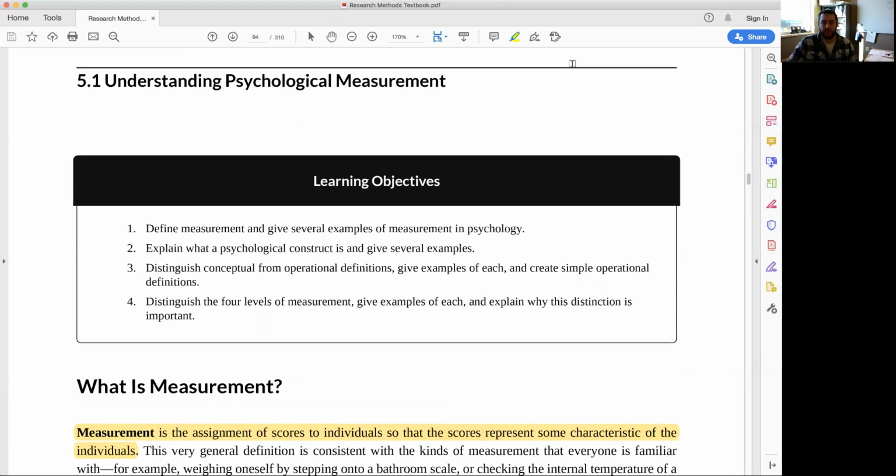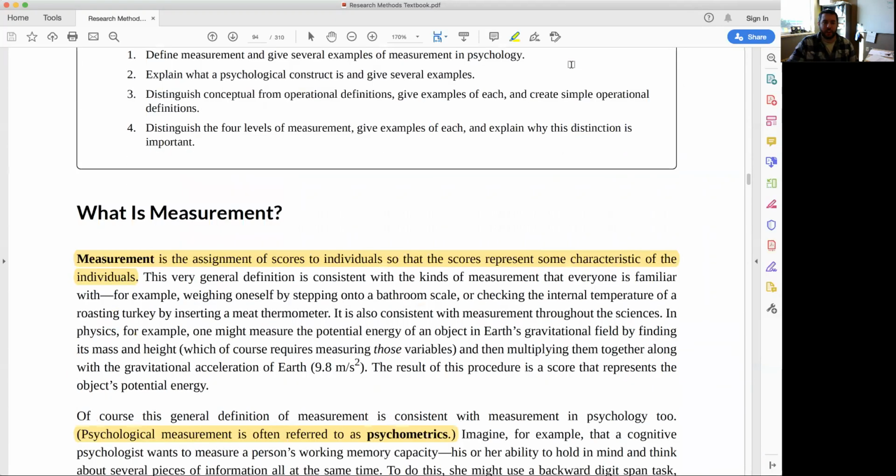So first and foremost, when we look at what is measurement, your text gives a really general definition: assigning scores to individuals so that the scores represent some characteristic of the individual, right? Very, very general sense.